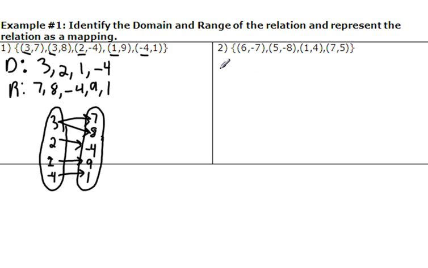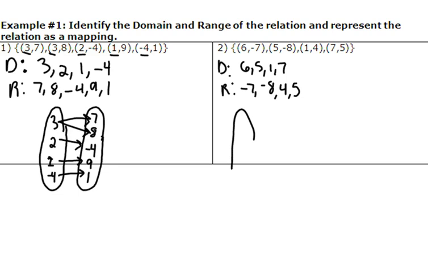So example 2 is the same thing. My domain is 6, 5, 1, and 7. My range is -7, -8, 4, and 5.